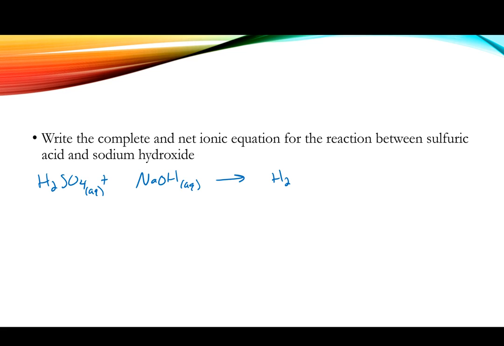That's going to form water, which is liquid. Water is always liquid in this reaction, and sodium sulfate, which is my salt, and based on solubility rules is aqueous. Balancing this reaction, I need a 2 in front of the sodium hydroxide and a 2 in front of water. Yep, that balances. And then writing my complete ionic equation, split everything up into ions.